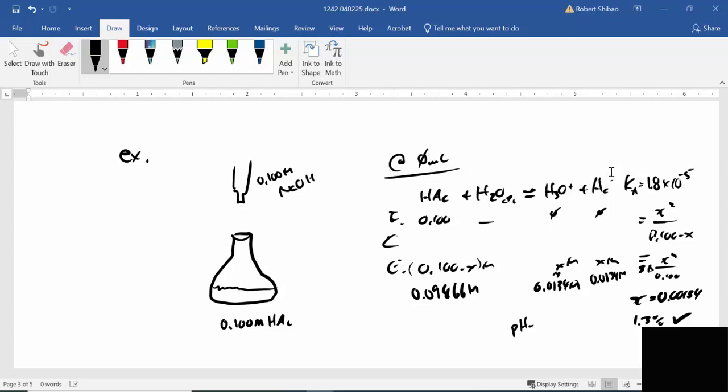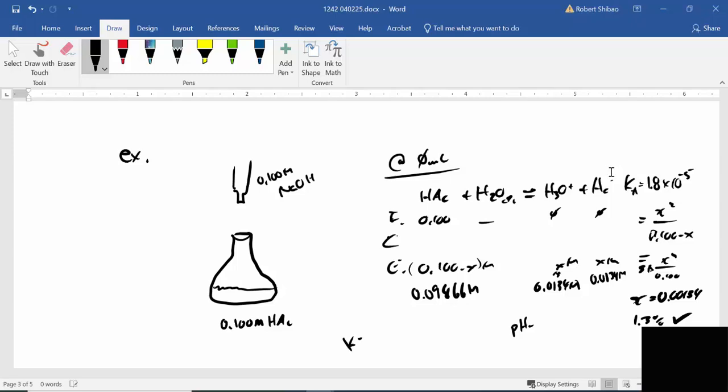And checking the K, I'm going to go 0.0134 squared divided by 0.09866. 1.819.